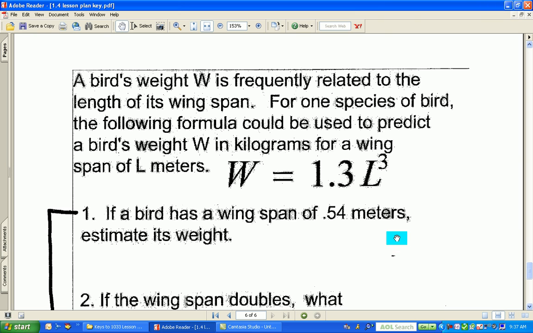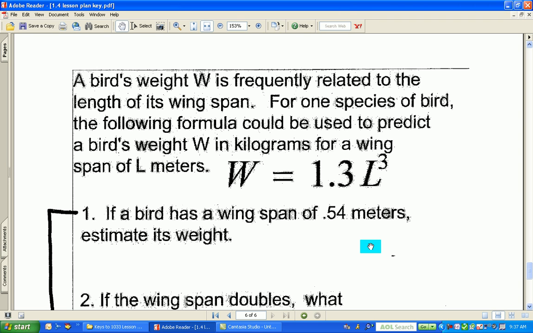So W in this formula stands for a bird's weight in kilograms, and L stands for the bird's wingspan length in meters. Okay. First question. If a bird has a wingspan of 0.54 meters, estimate its weight.